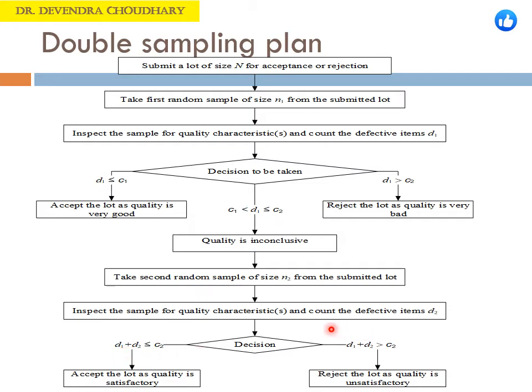So we count the number of defectives after thoroughly inspecting the second sample, and based upon these combined defectives we decide to accept or reject the lot. If the combined defectives in both samples are less than or equal to the second acceptance number C2, we accept the lot. Otherwise, we reject it.